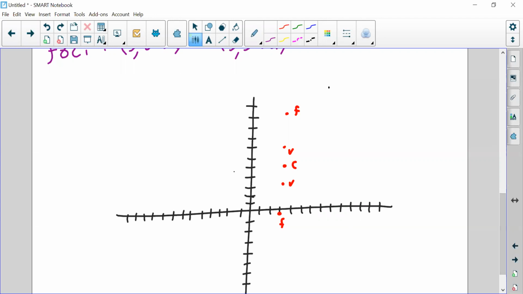Those are 5 in each direction. So our vertex, our vertex, our vertex. A little off there. But that's our basic shape.